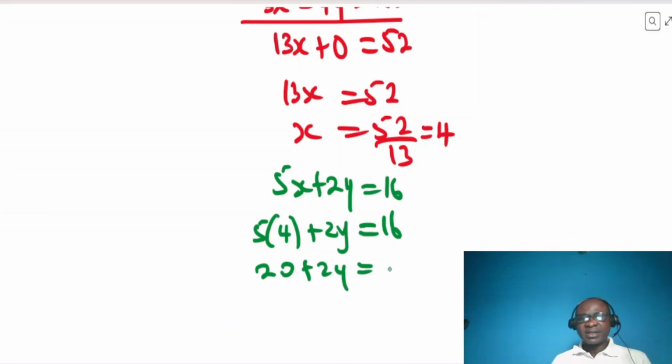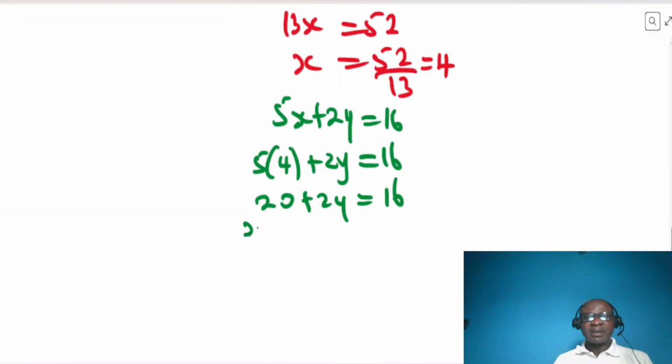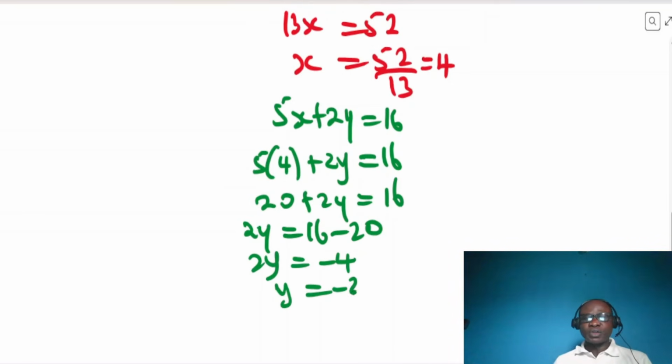And the value of 2y will now be equal to 16 subtract 20. 2y is equal to negative 4, and y will be equal to negative 2. In conclusion, the answers are x equal to 4 and y equal to negative 2.